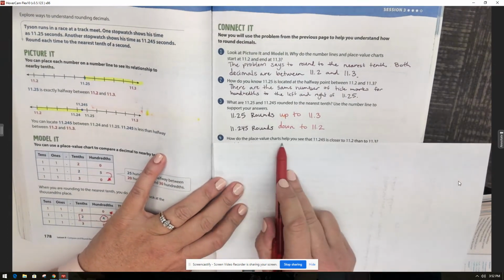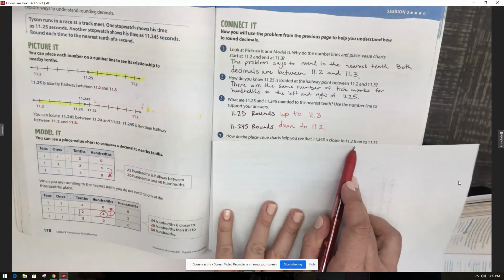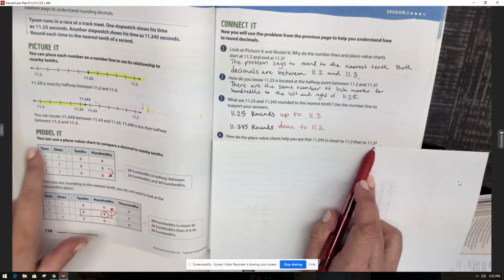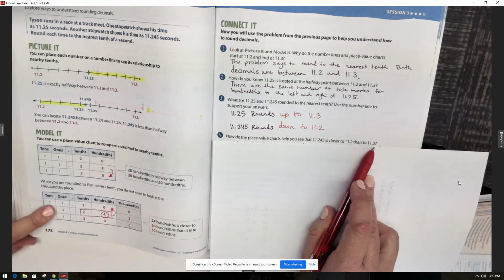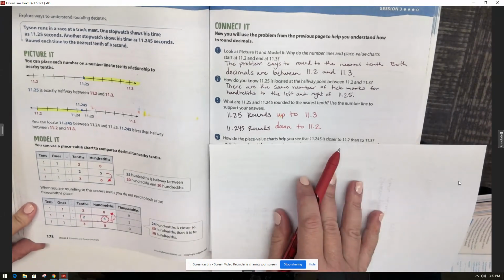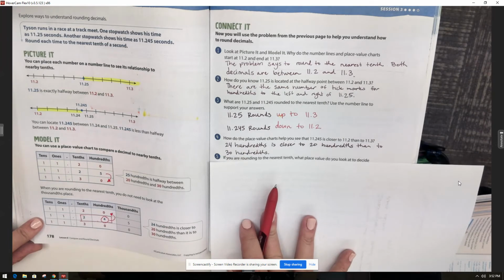How do the place value charts help you see that 11 and 245 thousandths is closer to 11 and 2/10 than 11 and 3/10? So if we're looking at this model specifically, how can we see that 11 and 245 thousandths is closer to 11 and 2/10 rather than 11 and 3/10?